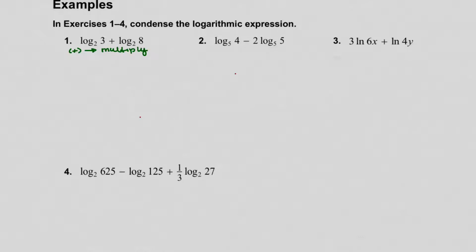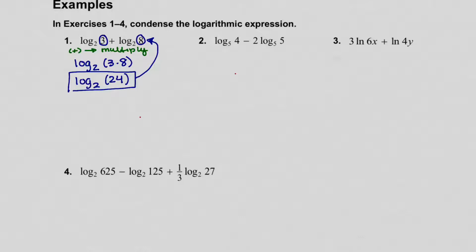And what I will end up with is I'm going to write log base 2 one time, and then I'm going to take the 3 and the 8, and those can be multiplied together. So if I simplify that a little bit, log base 2 of 24 is the same thing. I've condensed these to get that.